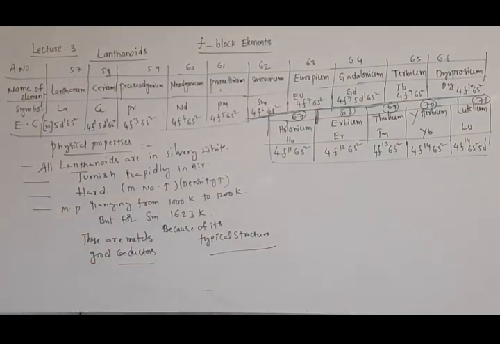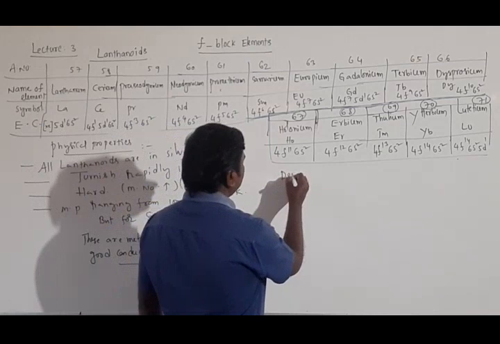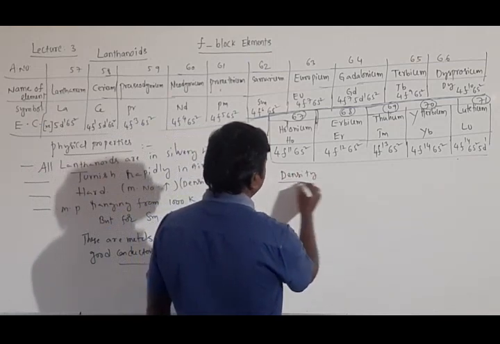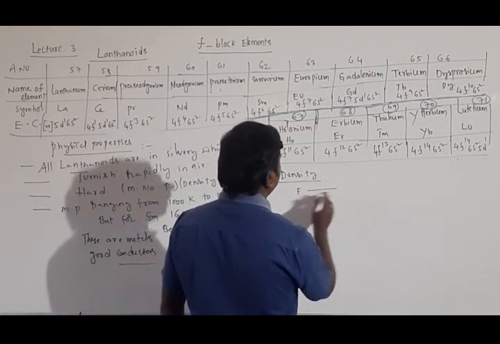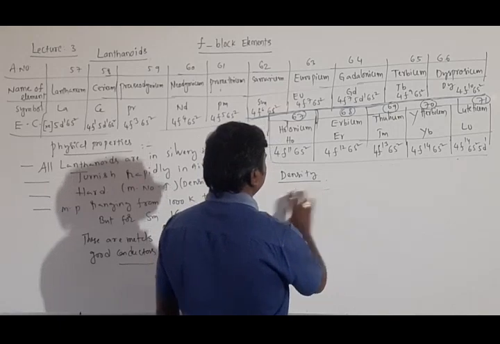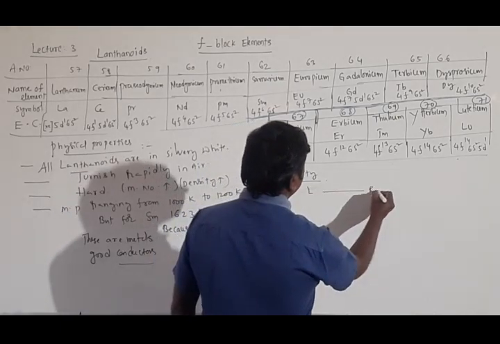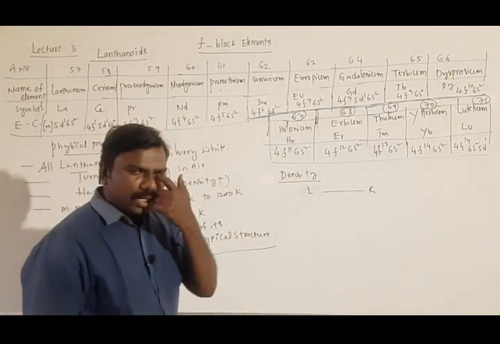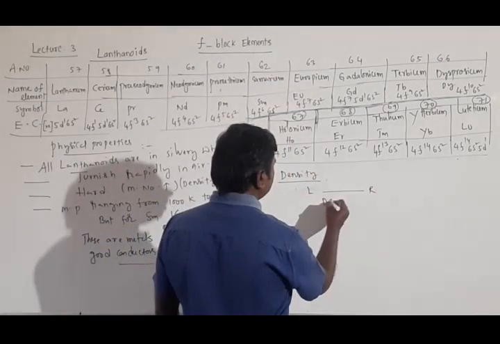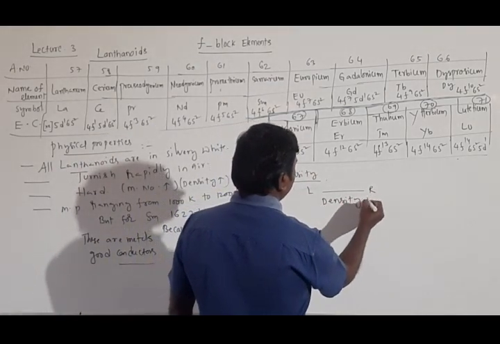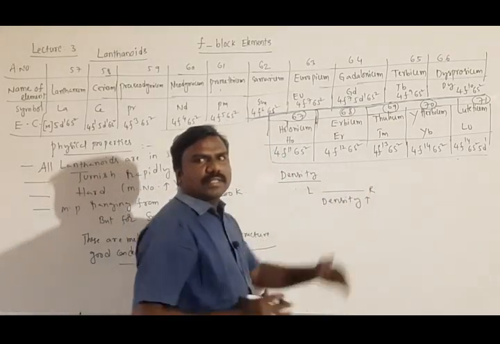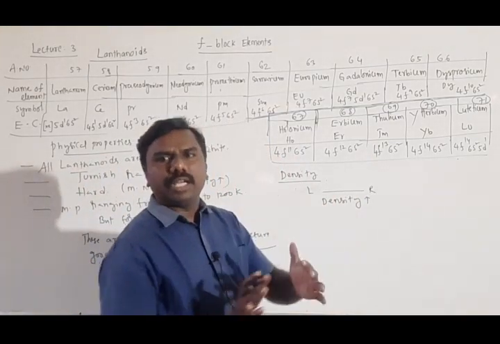These are all properties. Next one, density of lanthanoids. From left to right, it means cerium to lutetium, density will increase, because left to right size decreases, volume decreases.